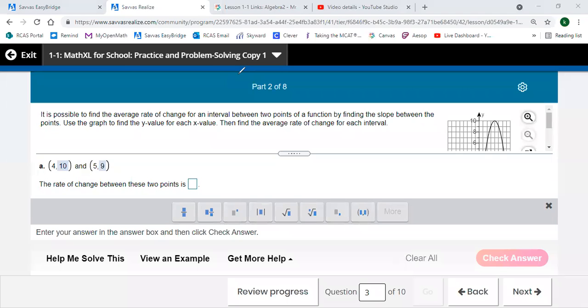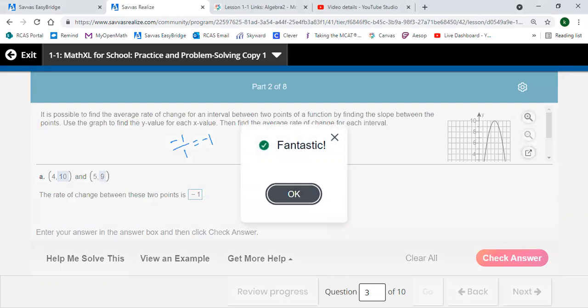When I do that, I just think of my change in y from 10 to 9 would be down 1. Now I just have to go in the same order. My x went from 4 to 5. That'd be going right 1. So that's just -1. So I need in here just a -1. All right, cruising right along.